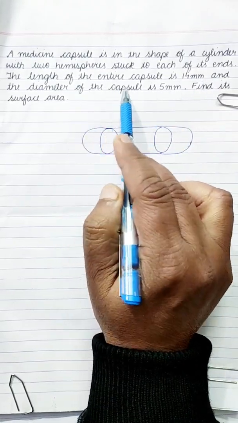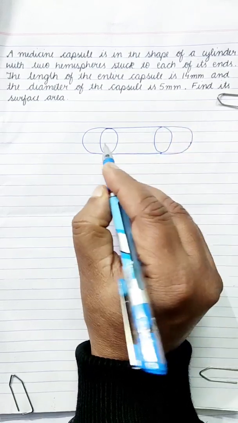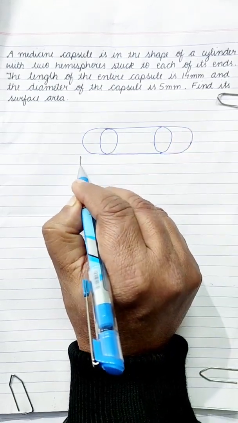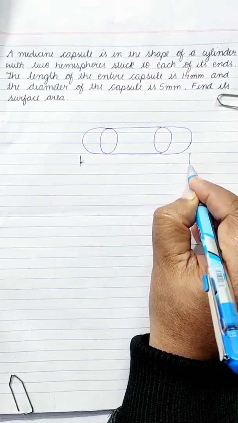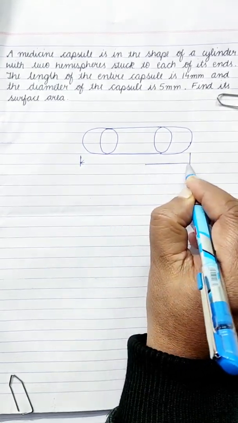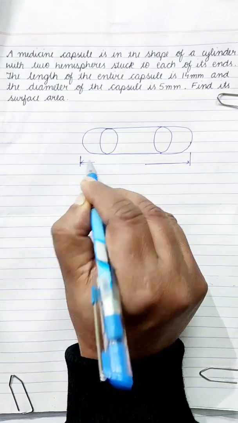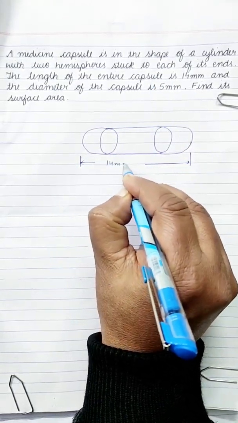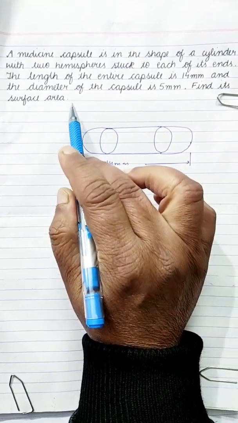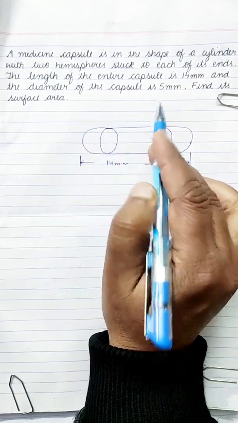The length of the entire capsule is 14 mm. पूरे कैप्सूल की जो लेंथ है वो यहाँ से और यहाँ तक, पूरे कैप्सूल की जो लेंथ है दैट इज 14 mm and the diameter of the capsule is 5 mm.